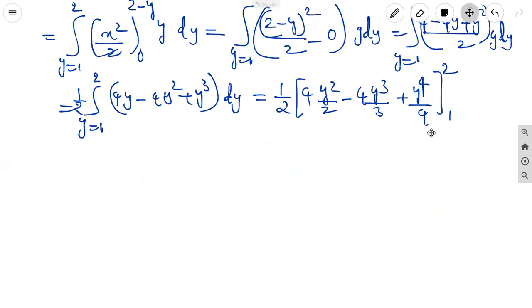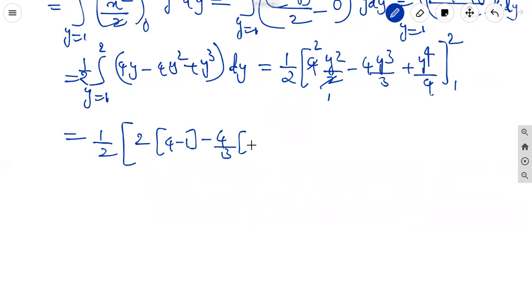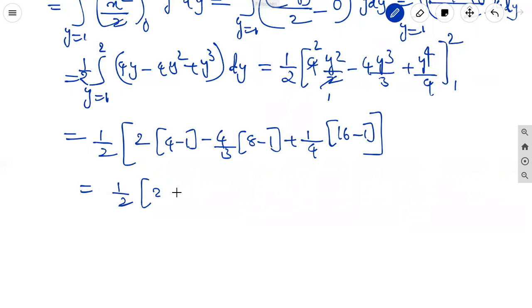Now we apply the upper limit and lower limit. It is equal to 1 by 2 into 2 into (2 squared is 4 minus 1), minus 4 by 3 into (2 cubed is 8 minus 1), plus 1 by 4 into (2 power 4 is 16 minus 1). It is equal to 1 by 2 into 2 into 3, minus 4 by 3 into 7, plus 1 by 4 into 15.